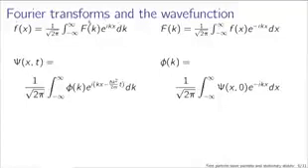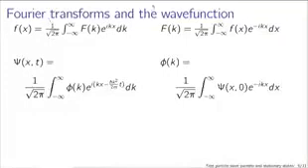This function, capital F of k, can be determined by essentially what we did in the previous slide. An integral from minus infinity to infinity dx of the function lowercase f of x times e to the minus ikx. The 1 over root 2 pi factors here are customary. Some authors use them, some authors define them slightly differently, depending on the specific definition of the Fourier transform that you're using.